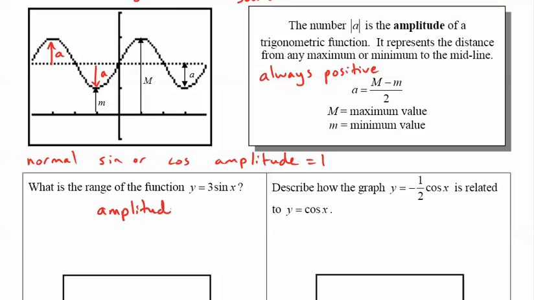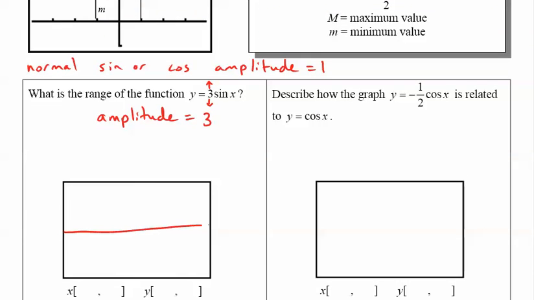The amplitude is just the number in front, just your a value. Okay? And what that means is that the normal graph of sine has been stretched 3 times. So it's 3 times higher than it usually is. And the zeros don't change, it just becomes a lot higher.